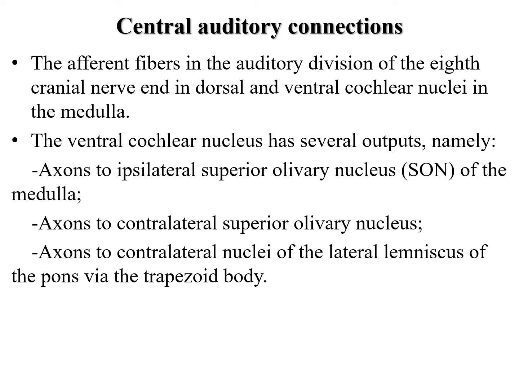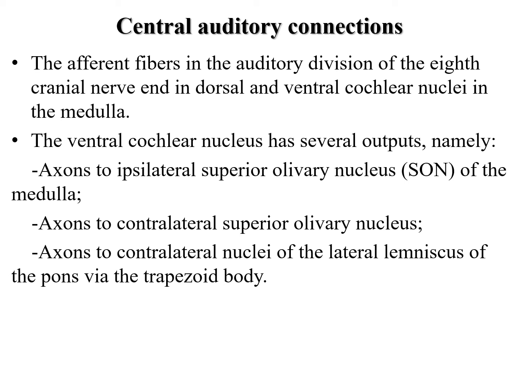So again, what are the three outputs of the ventral cochlear nuclei? The three are: first to the same-sided superior olivary nucleus, then to the opposite side superior olivary nucleus, and then to the opposite side nucleus of lateral lemniscus, which is situated at a higher level in the pons.